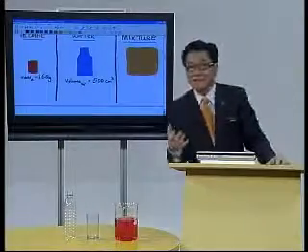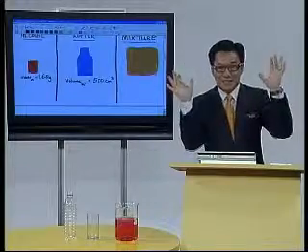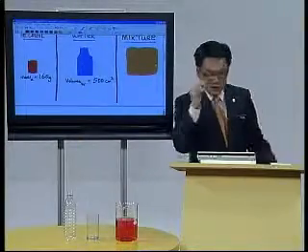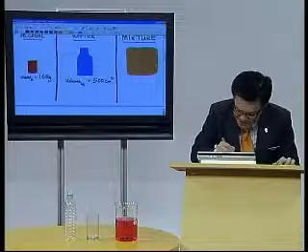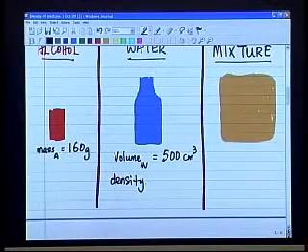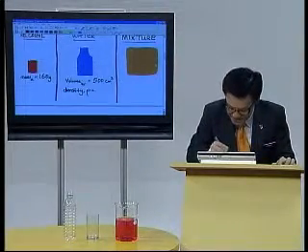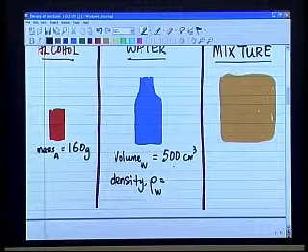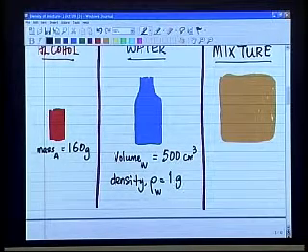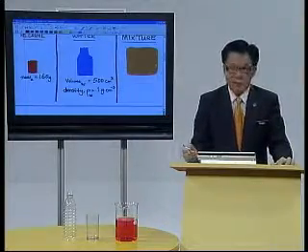Now what else is given about the water? Write down in this column so that we don't get mixed up. Very good. Density. So the density, density rho. Alright, this is not P, it's rho. Density of the water is given as 1 gram per cubic centimeter. Anything else?